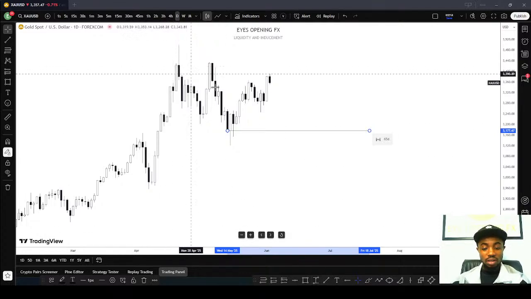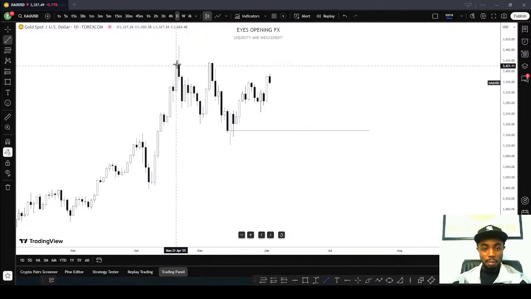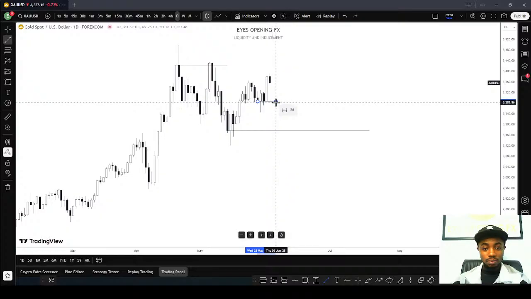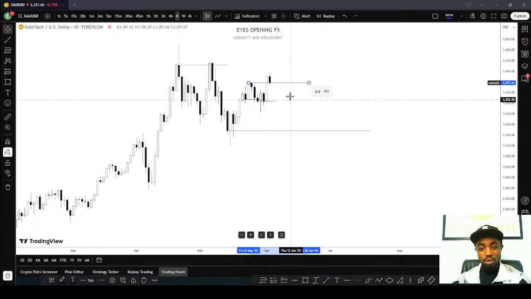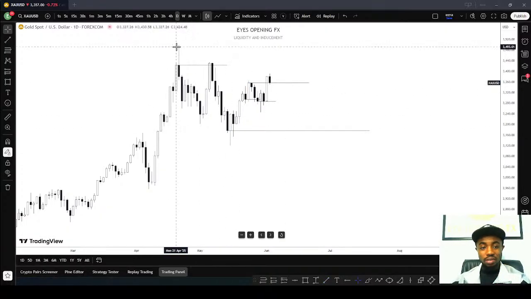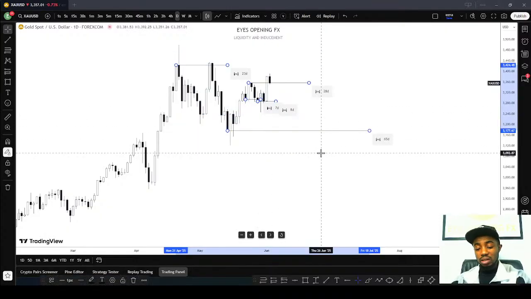This is a resistance level. Here is a support level, a support level, a resistance level.